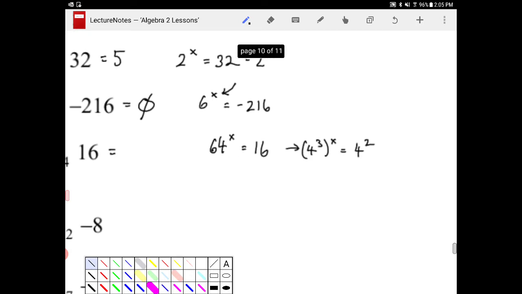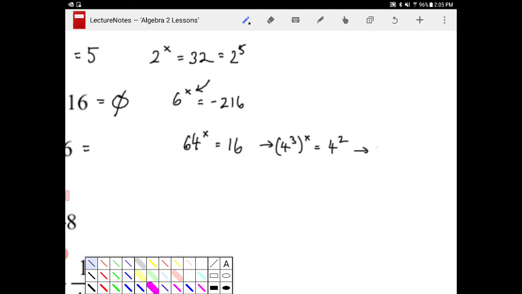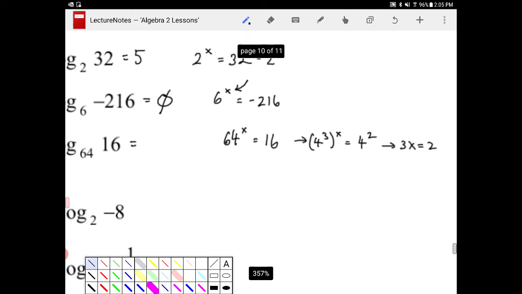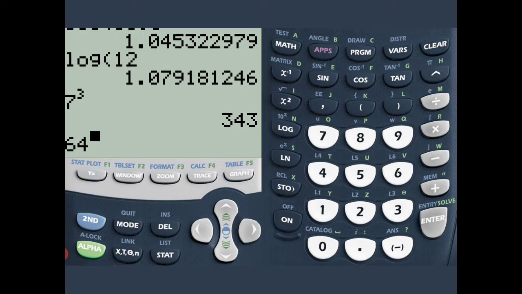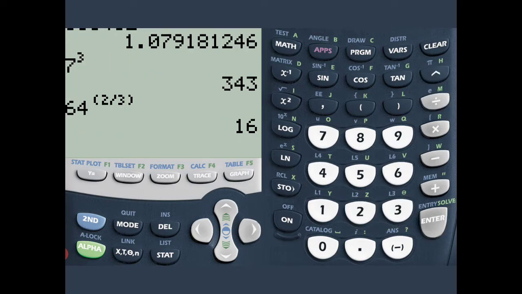Well, looking at this, I can see that 3x is equal to 2. What would x have to equal? x must equal 2/3. Let's do a quick check. 64 to the 2/3 indeed is 16.